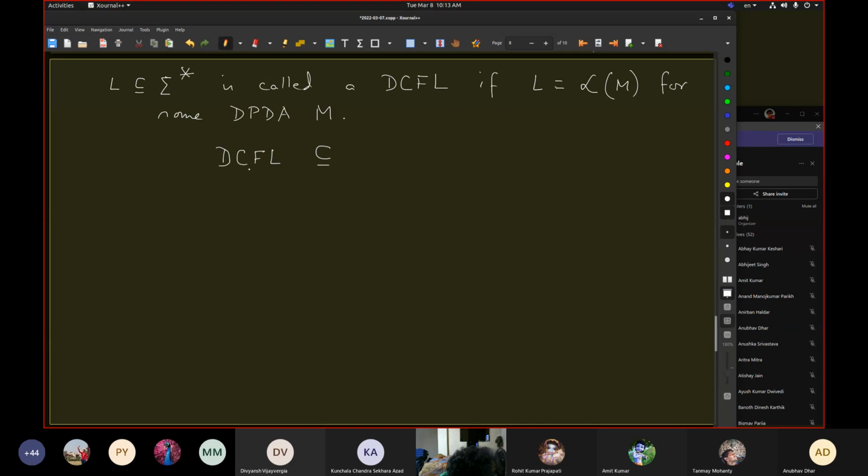The class of deterministic context-free languages is contained in the class of context-free languages. So is the other inclusion true? The answer is actually no.